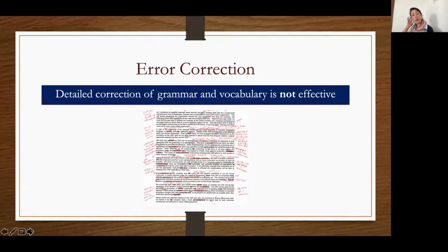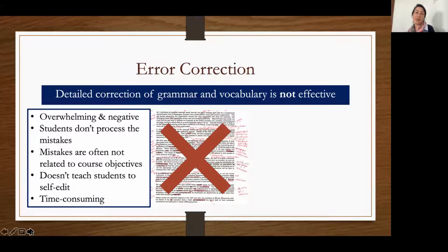All right, so some good news when we're looking at error correction. Detailed error correction of grammar and vocabulary is not effective according to studies. So even if a student has many errors, their paper should never look like this. There are some reasons why.